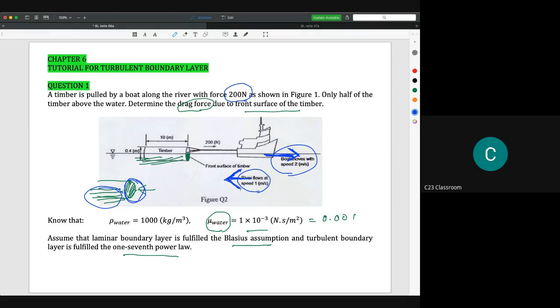So we need to add the velocities. We could create a situation where the timber is static, meaning the velocity is 0, however the water flow will become 3 meter per second. This is the idea of relative velocity.